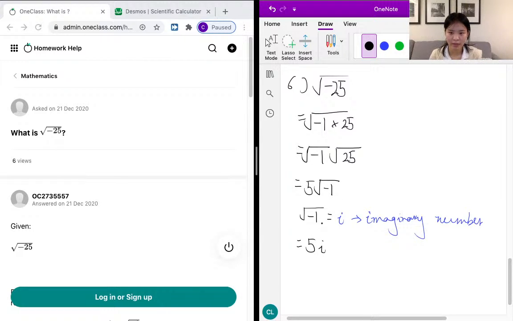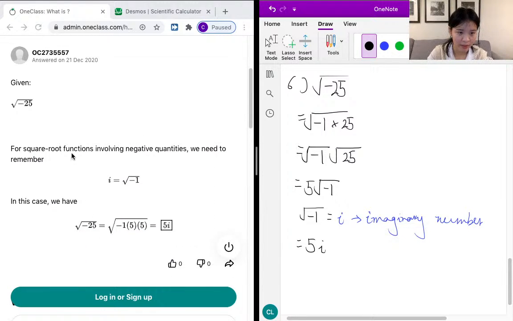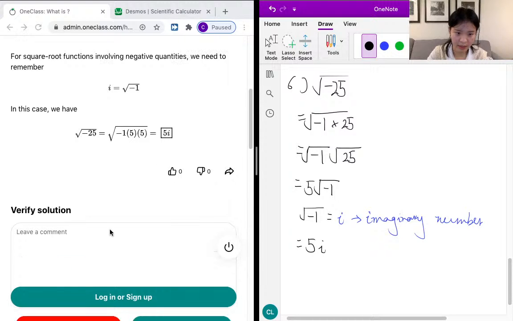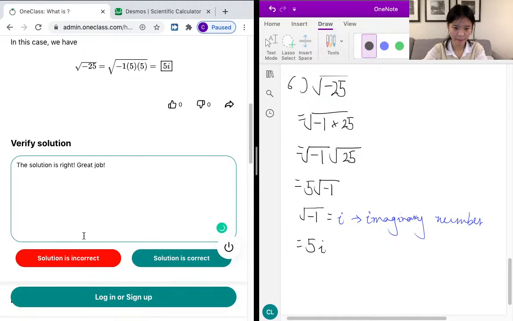So this is our answer over here. Let's check the sample solution. Yep, they did the same thing as us, and the solution is 5i. Let's just say the solution is right. Good job. Perfect.